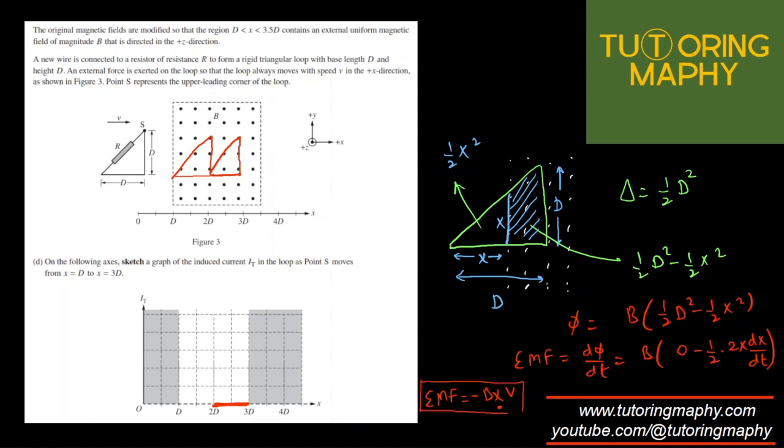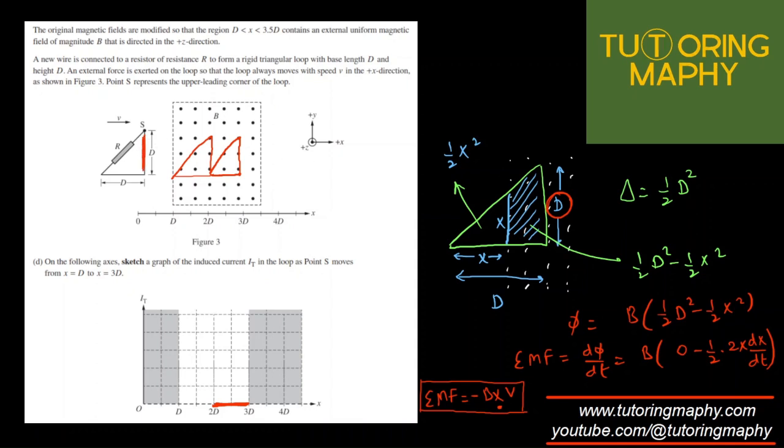Now, a common pitfall is we might think that x increases from 0, but no. Notice this x, it starts from D, the maximum length, and then eventually goes to 0.